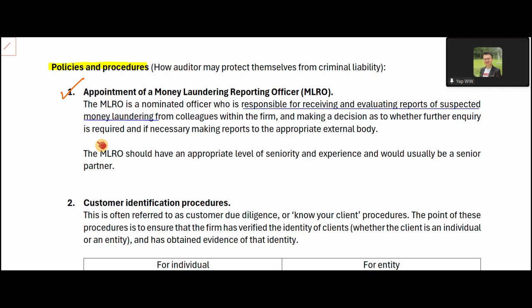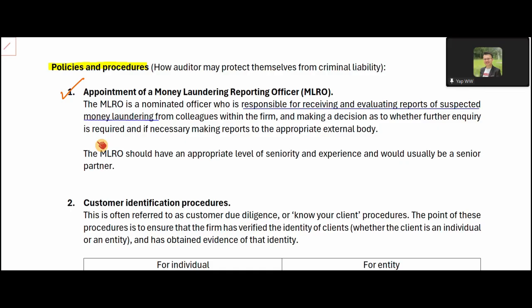Even if the client is actually involved in money laundering, he will know you already suspect him, so he will go and destroy evidence. That will never be a good way. So if the audit junior finds out about suspected money laundering, then he should inform the money laundering reporting officer.